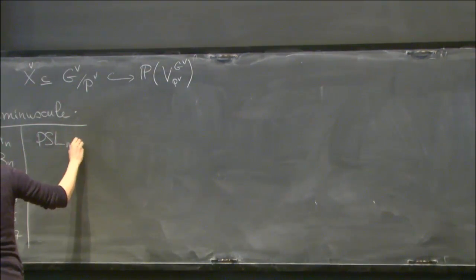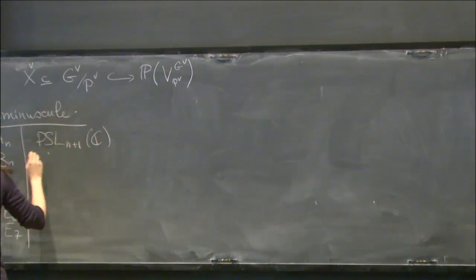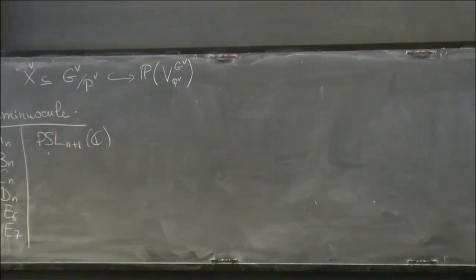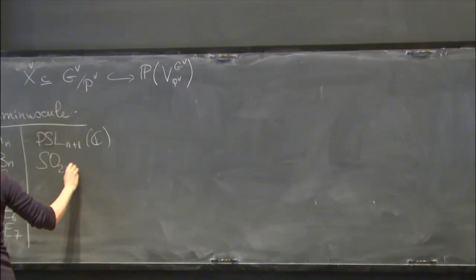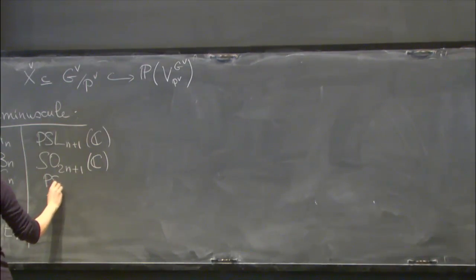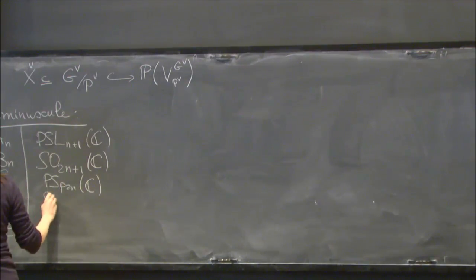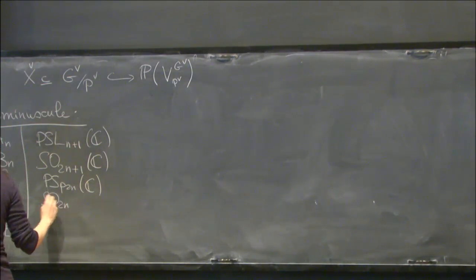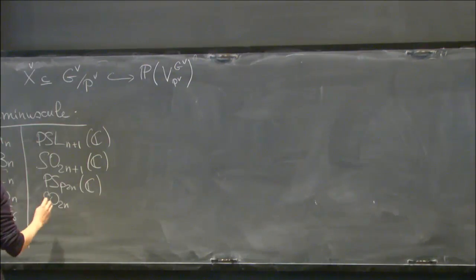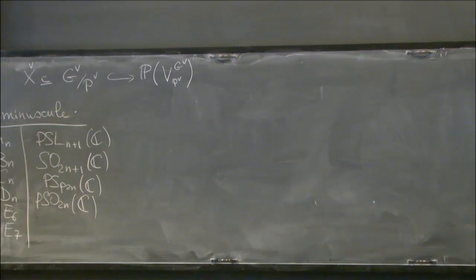So PSL_{n+1}, here SO_{2n+1}, PSp_{2n} in type C_n, type D_n SO_{2n}, and PSO_{2n}, and here, well, the exceptional groups.